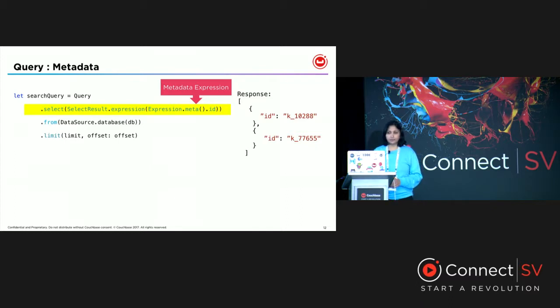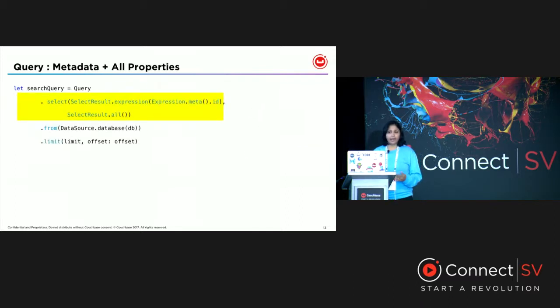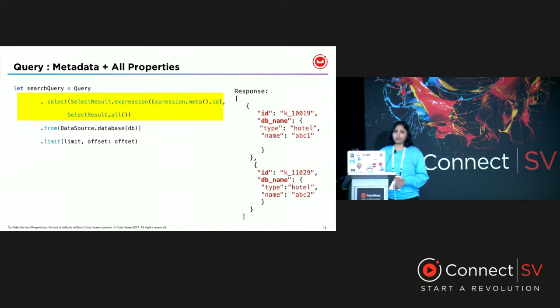Pretty straightforward. Obviously, you can add more. You might be interested in the metadata as well as all the data. So if you run a query, something like this is going to be your result. Notice that you have the ID. Let's consider the first object.